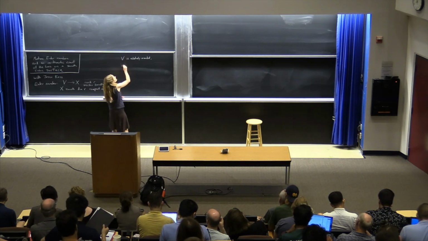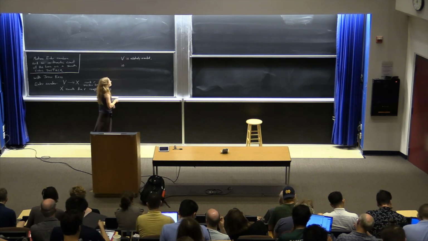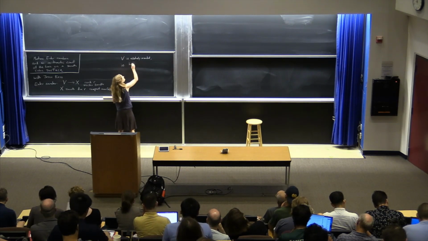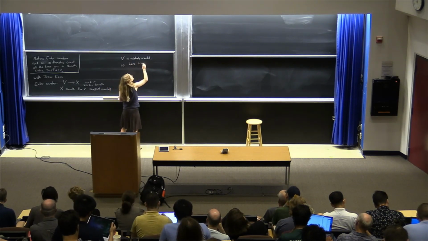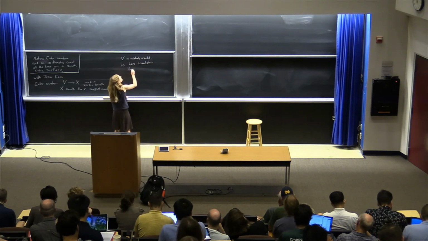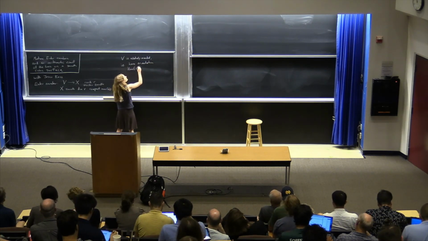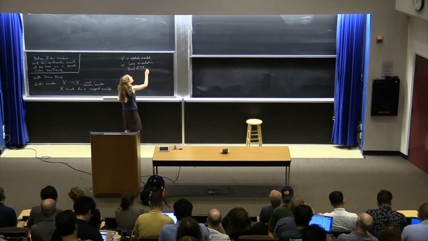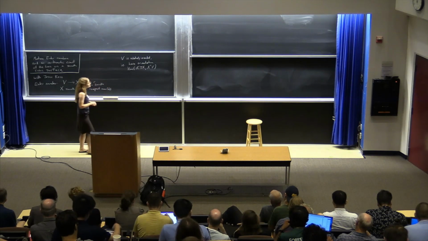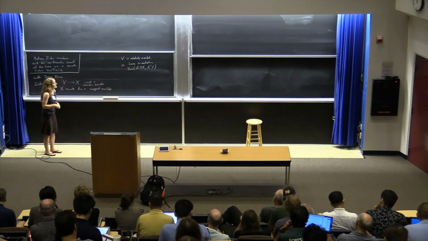So what we'd like is an orientation of Hom from the top wedge power of the tangent bundle to the top wedge power of the vector bundle.